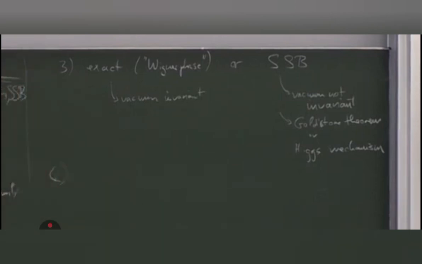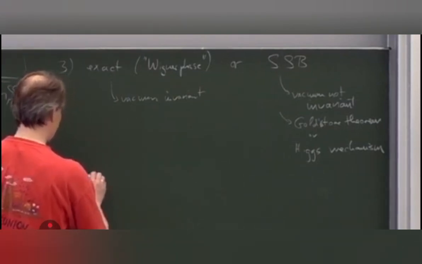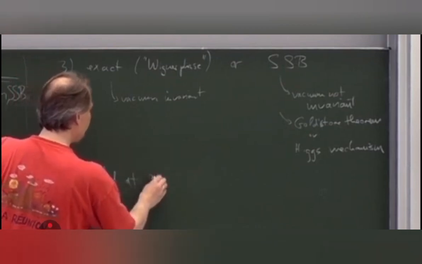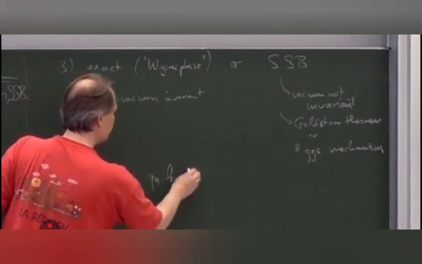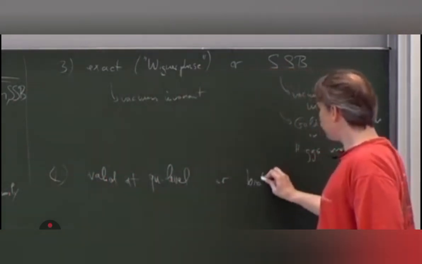Then the fourth category is whether the symmetry is actually a symmetry in the quantum theory, valid at the quantum level, or only on the classical level, broken by quantum effects.